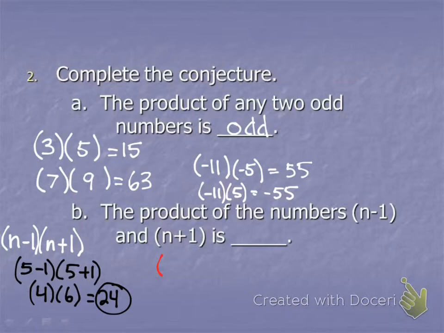What number are you plugging in? 8. So 8 minus 1, 8 plus 1. That gives me 7 and 9, which is 63. So when I make n equal to 8, I get 63 as my answer. Good work so far. Let's try one more.